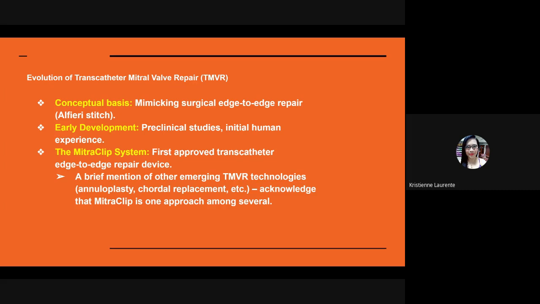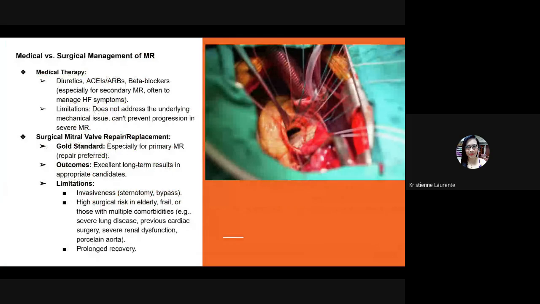Severe lung disease, for a COPD patient, increases the risk of prolonged ventilation and respiratory complications. Severe renal dysfunction means a higher risk of acute kidney injury or worsening CKD. If the patient has had previous cardiac surgery, it leads to adhesions and makes reoperation more complex and risky.